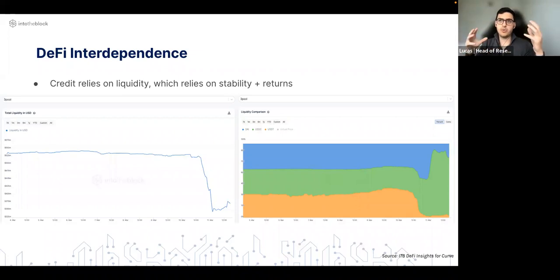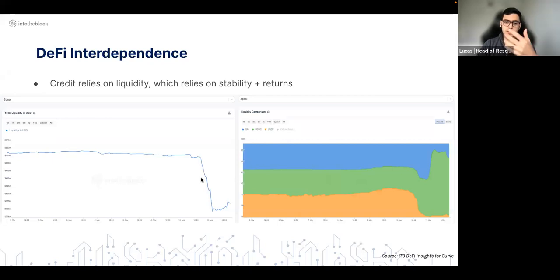A good example would be USDC depegging over the weekend. The 3pool, which is the most liquid pool for USDC, USDT, and DAI, saw a large amount of withdrawals, about 200 million getting withdrawn during the weekend, very sharply.